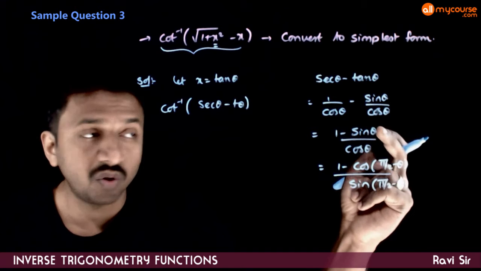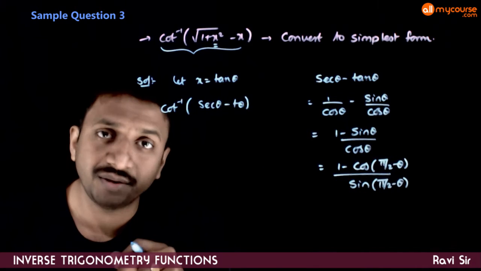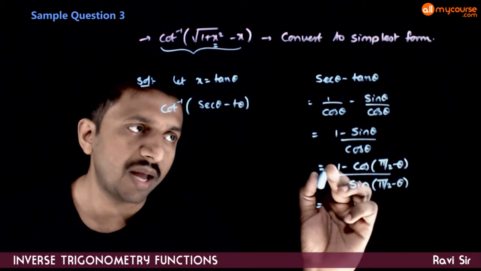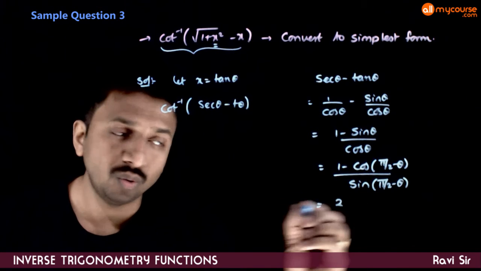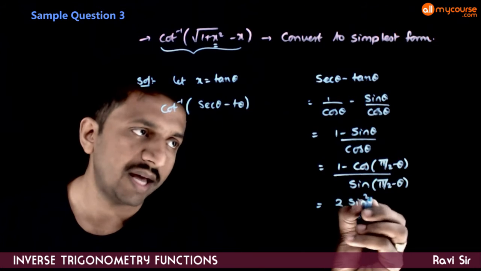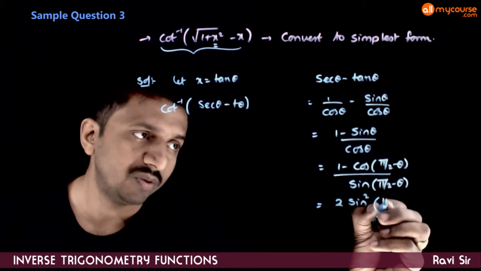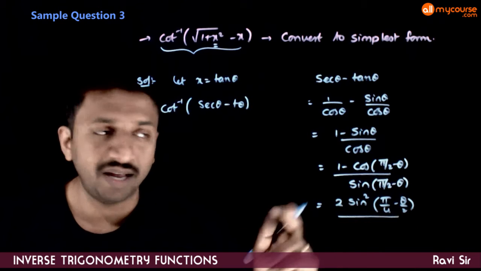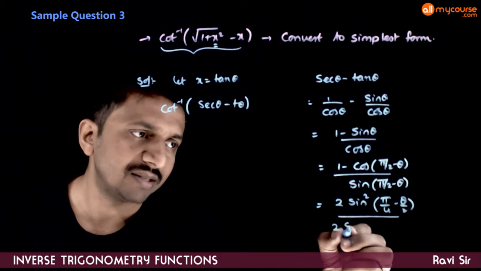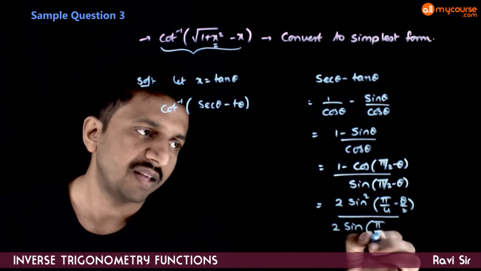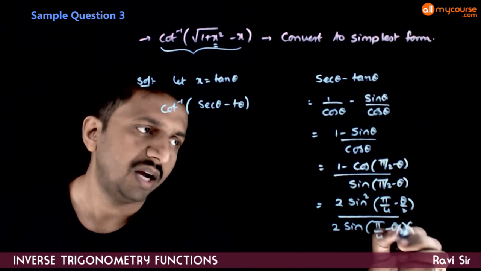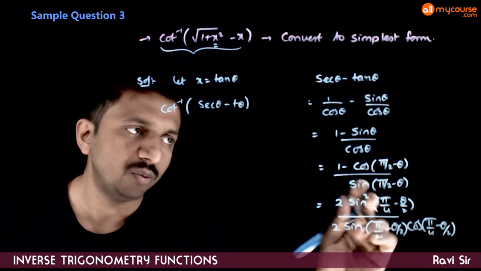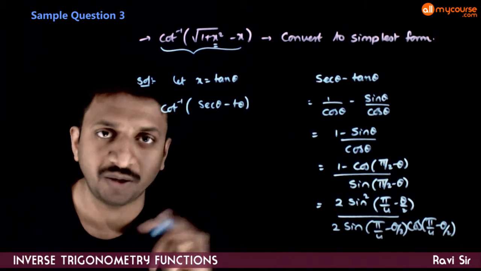Why did I convert sin into cos and cos into sin? So that I can apply standard formulas. 1 minus cos theta is 2 sin square theta by 2, that is, 2 sin square of pi by 4 minus theta by 2, divided by sin theta, which can be written as 2 sin of theta by 2 into cos of theta by 2, that is, pi by 2 minus theta by 2.